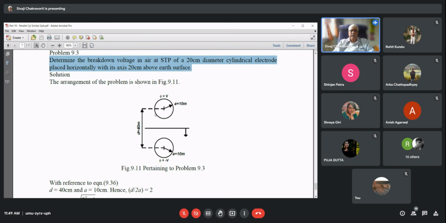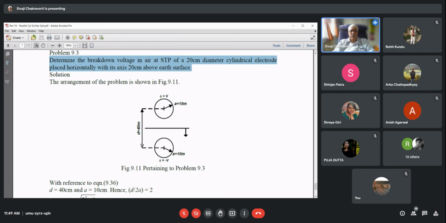This is the cross-sectional diagram. The top cylinder has a diameter of 20 centimeters, so the radius is 10 centimeters, and its potential is plus V. Its axis is 20 centimeters above the Earth's surface, so the axis of the image will be 20 centimeters below the Earth's surface.